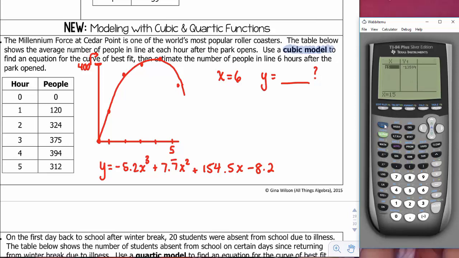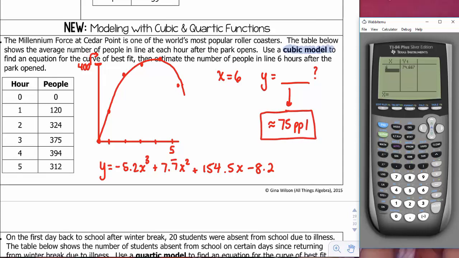Remember, if you go to your table setup, second window, table setup, as long as you have your independent variable set to ask, your table will look like mine. I want to plug in 6 for 6 hours. So hit 6, and we have about 75 people. So approximately 75 people are going to be in line. It looks like it's starting to go down, and that might be the time to go.